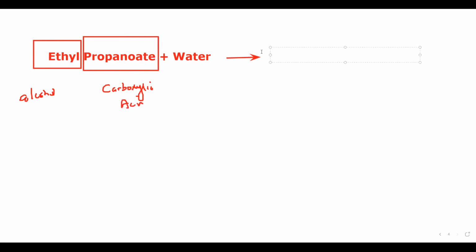This will be ethanol because alcohol should have OL, and propanoic acid. As the reaction is reversible, the reactant can form a product, and the product can decompose and form back the reactant. So both ways you should understand what will be the product if ethyl propanoate reacts with water, it forms ethanol and propanoic acid, and if ethanol and propanoic acid react, it will form ethyl propanoate plus water.